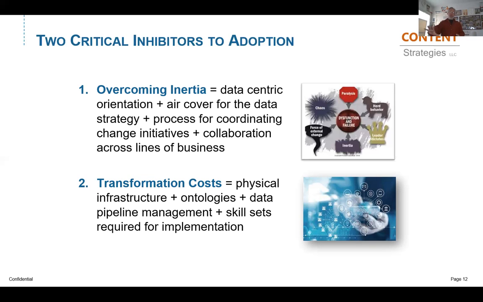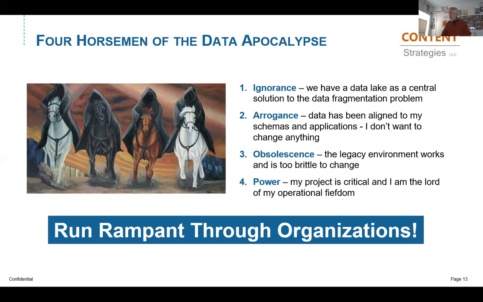So this is the other side of the coin, and it's a real side of the coin, mostly compounded by what I call the four horsemen of the data management apocalypse: ignorance, arrogance, obsolescence, and power. And we all know they run rampant through lots of organizations. And we have to manage this organizational challenge because we're talking about thinking about data in a different way.